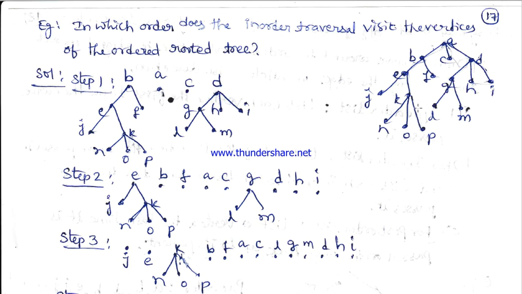A graph is being shown here. Let us see what the in-order traversal is for visiting all the vertices of the tree.